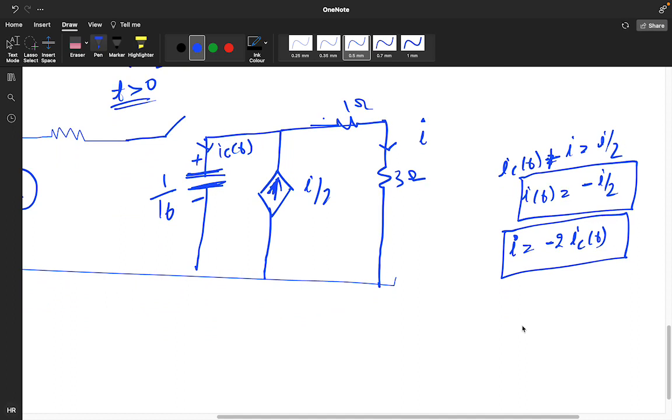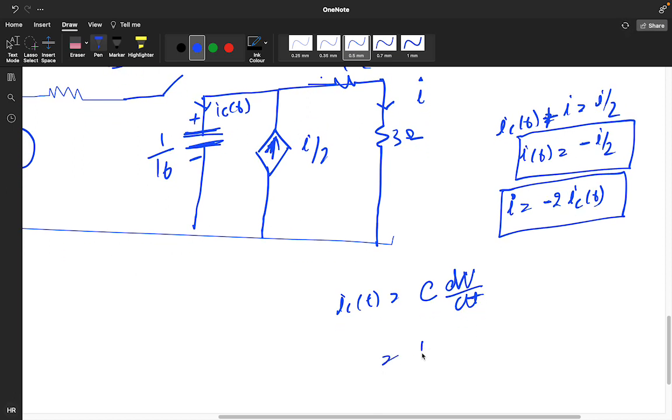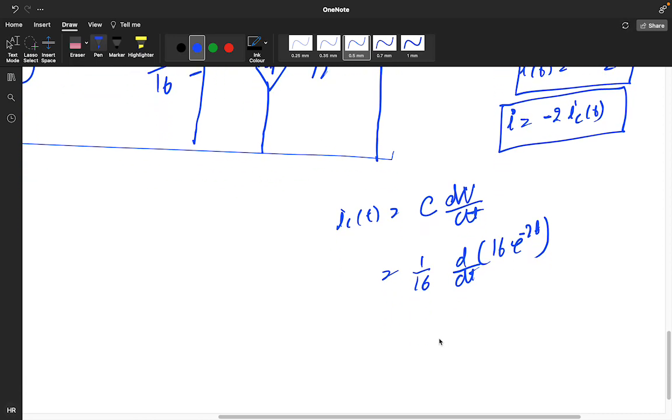So what will be the value of IC of t? C dV by dt. So C value is 1 by 16 and d by dt of the VC value we got, 16 e power minus 2t. So what will we get?